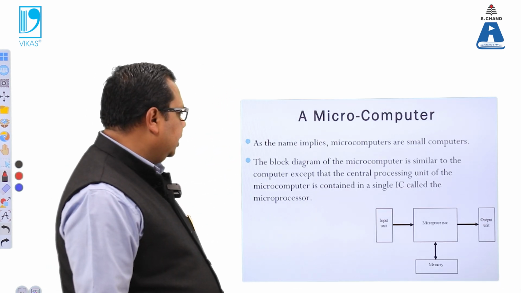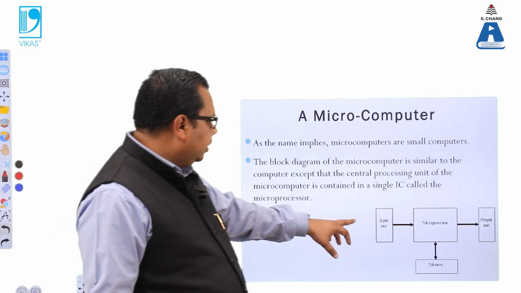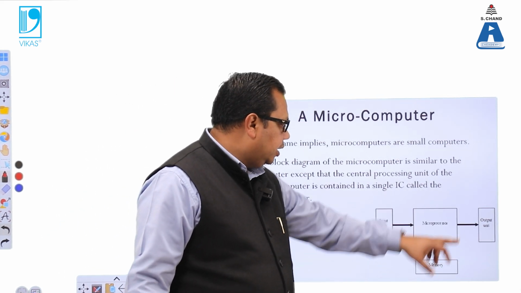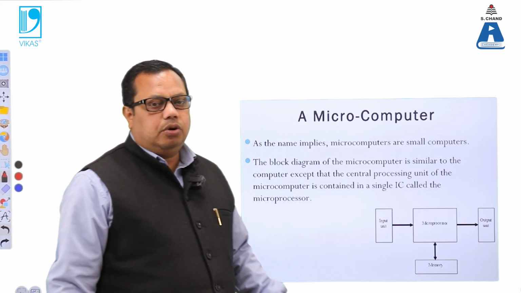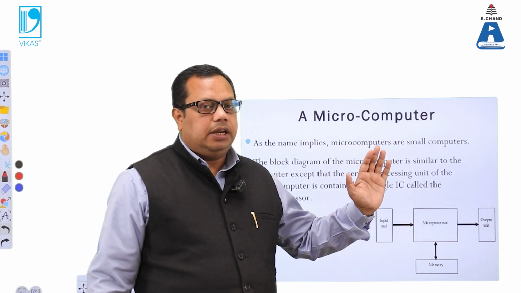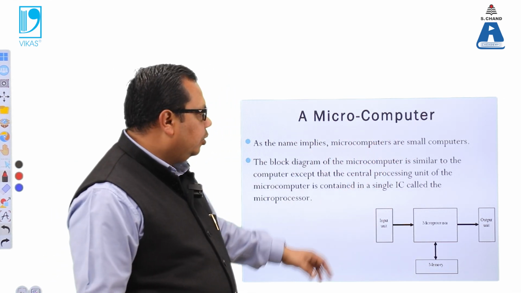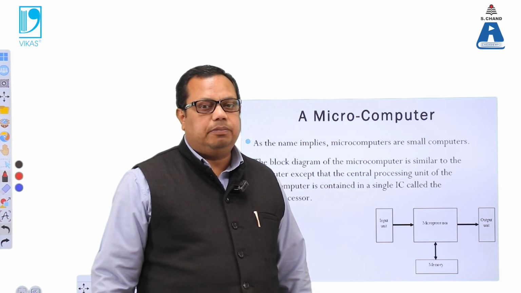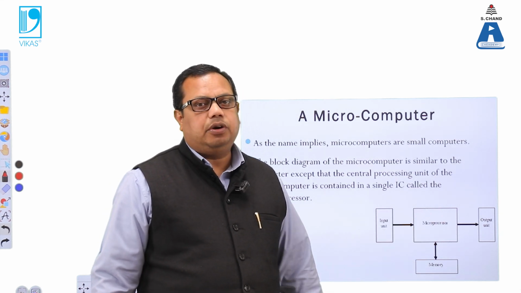So, the microprocessor has a small example here, again: input unit, microprocessor and output, and this is the memory. What input we give to the computer, the computer follows that input, and then we come to the output.